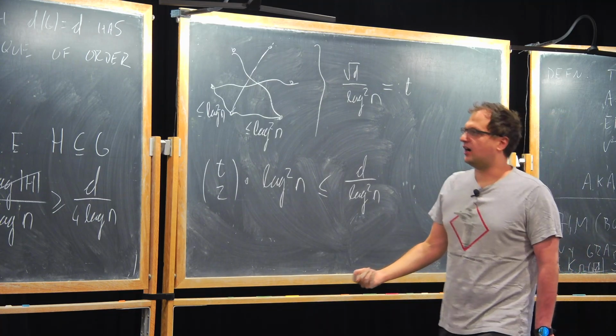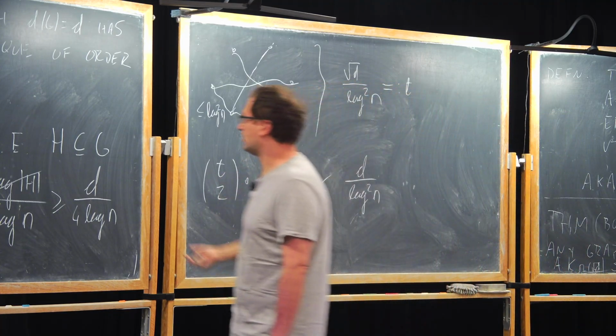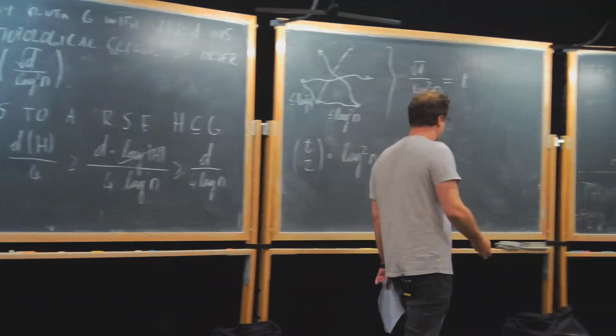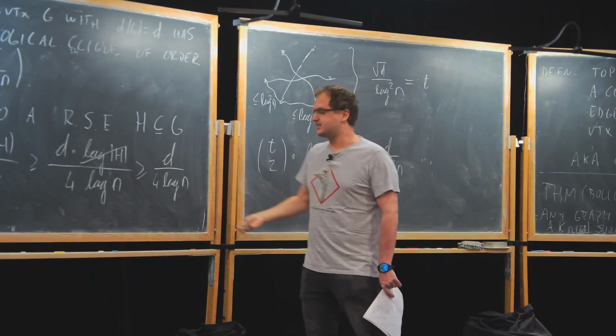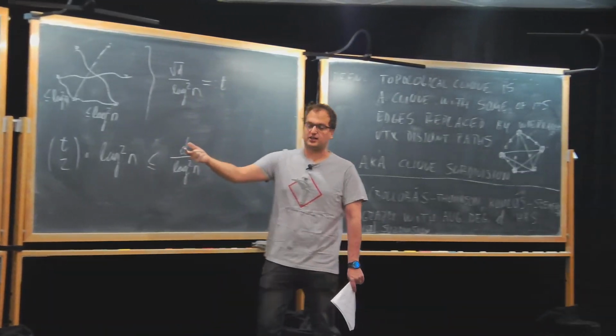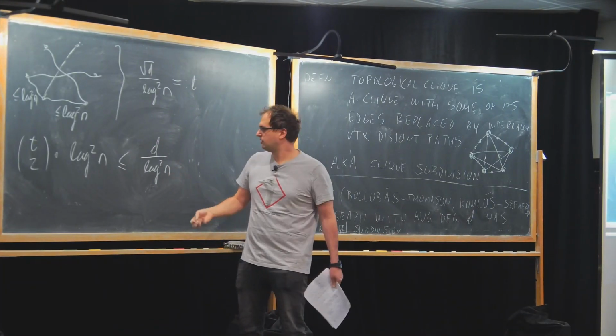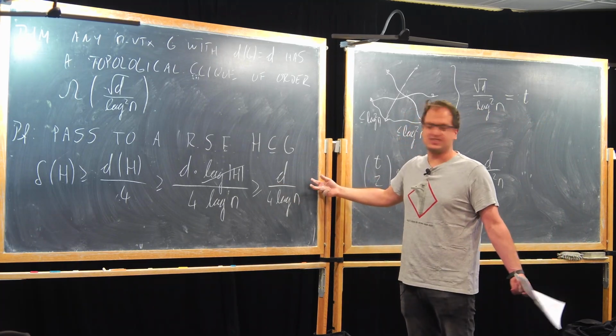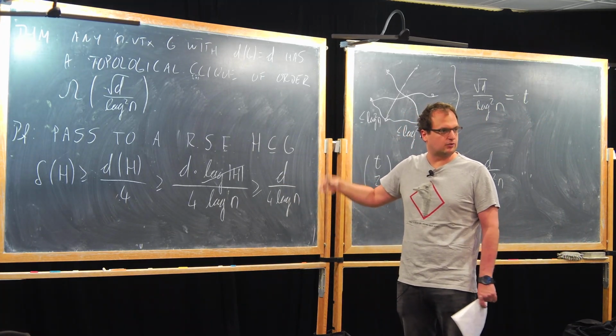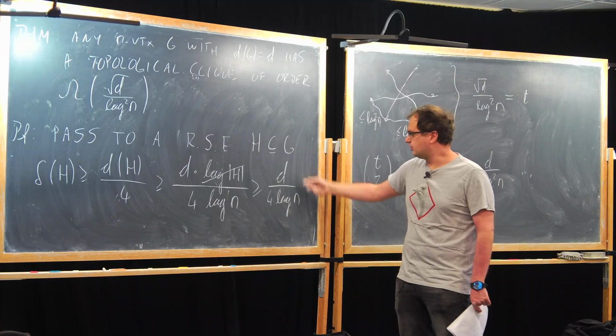And now, because our expansion tolerates 1 over log n, so we have minimum degree d over log n, instead of starting from a single vertex, we'll start from its neighborhood. And in the first step, how many new vertices do we get if we just use the naive 1 over log n bound? Well, d over log squared n.